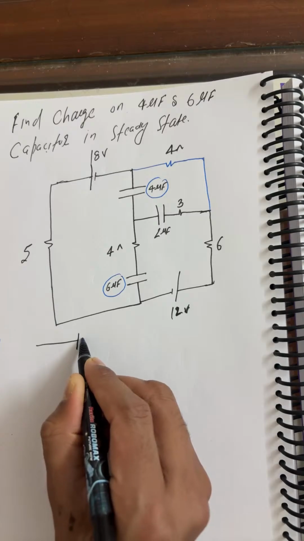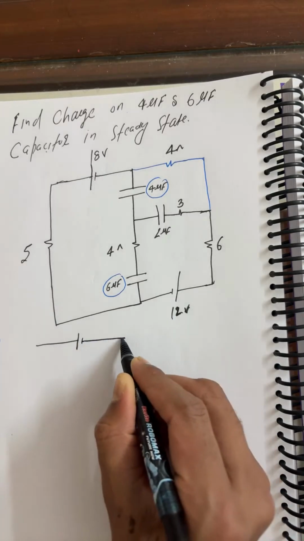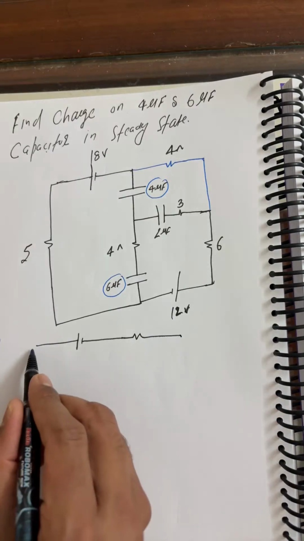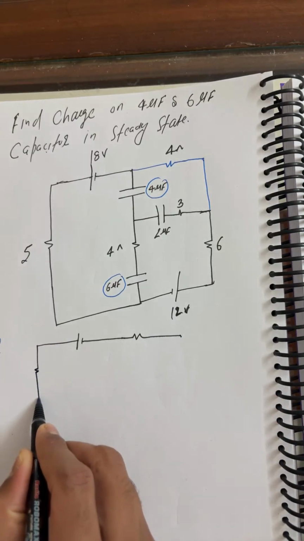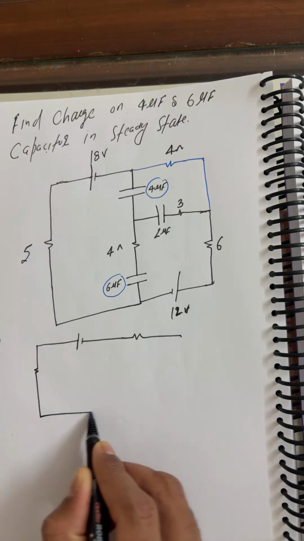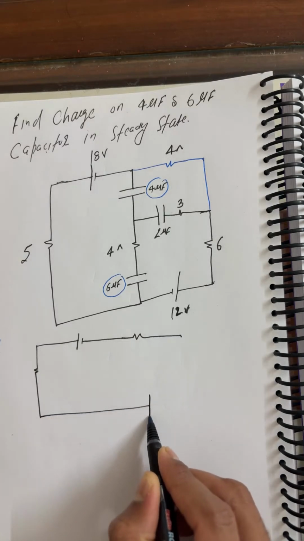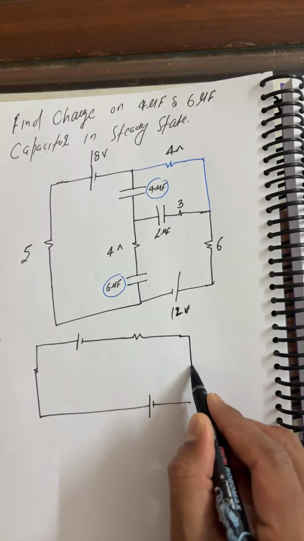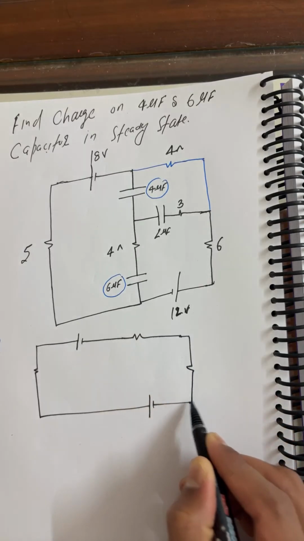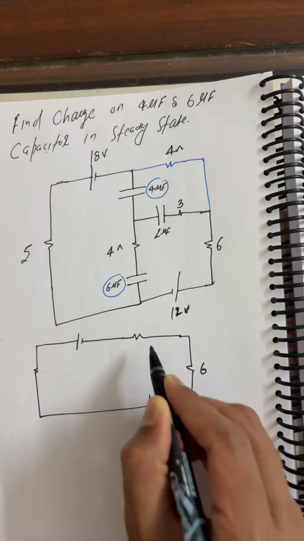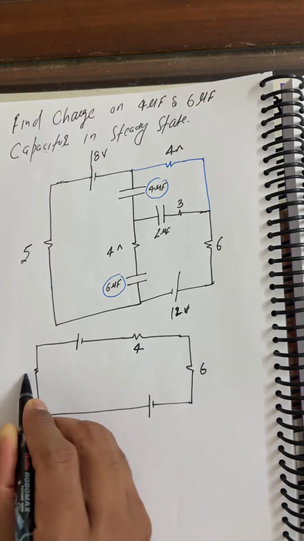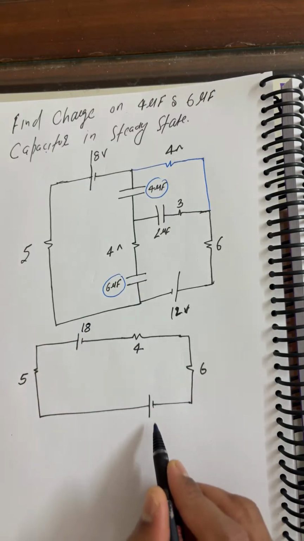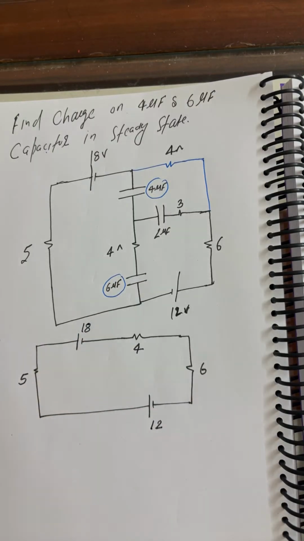This is 18 volt, no change. This is 4 ohm, no change. This is 5 ohm, no change. This is 12 volt, no change. So this is 6, this is 4, this is 5, this is 18, and this is 12.